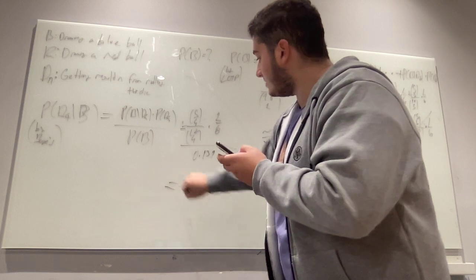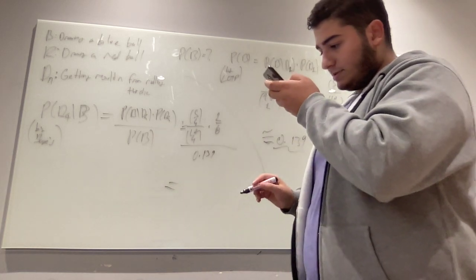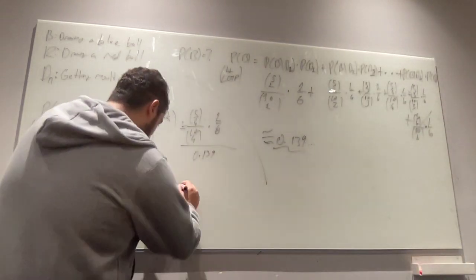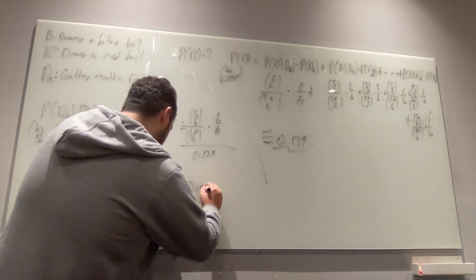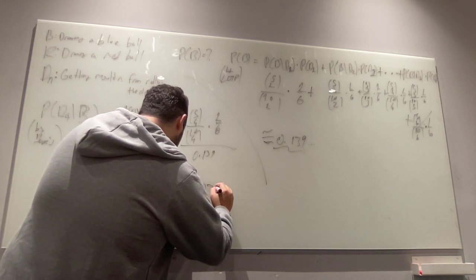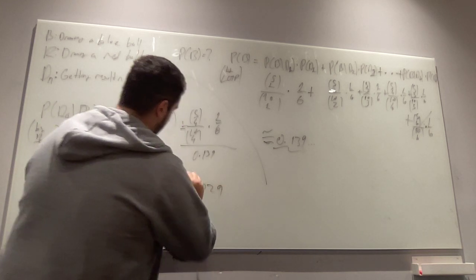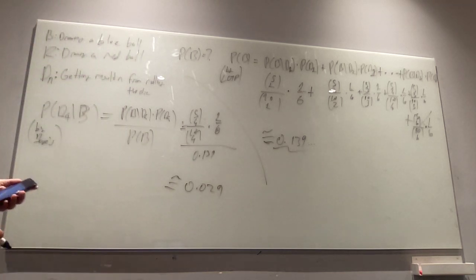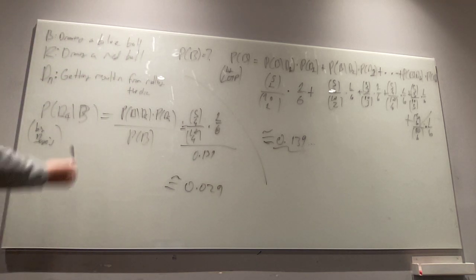And that gives closely 0.029. That's the probability of D4 given B.